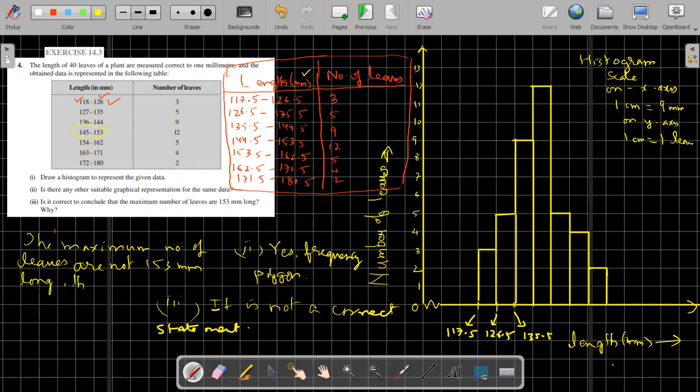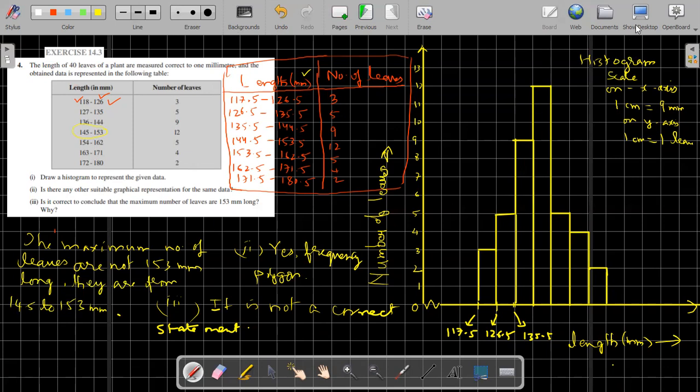They are from 145 to 153 millimeter. That is the answer of the third part.